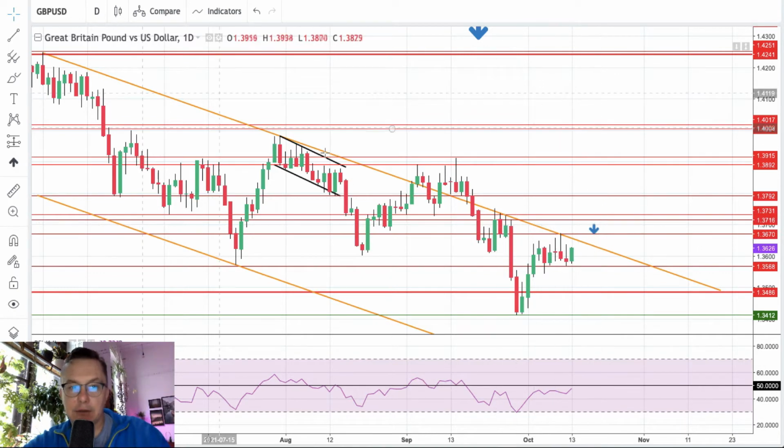After the breakout out of the channel, if there will be, of course, a breakout, the other participants might trade this opportunity basically and join the move up towards higher levels like 1.3792, or even the high from the 14th of September, 1.3915.